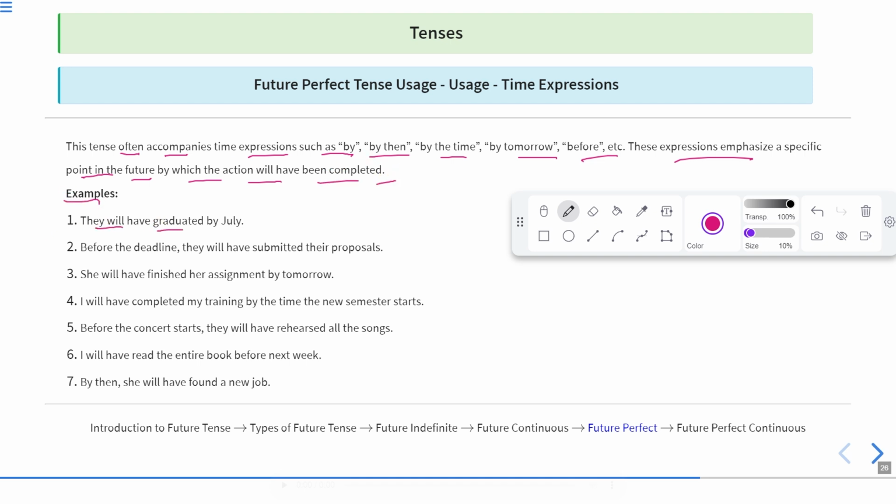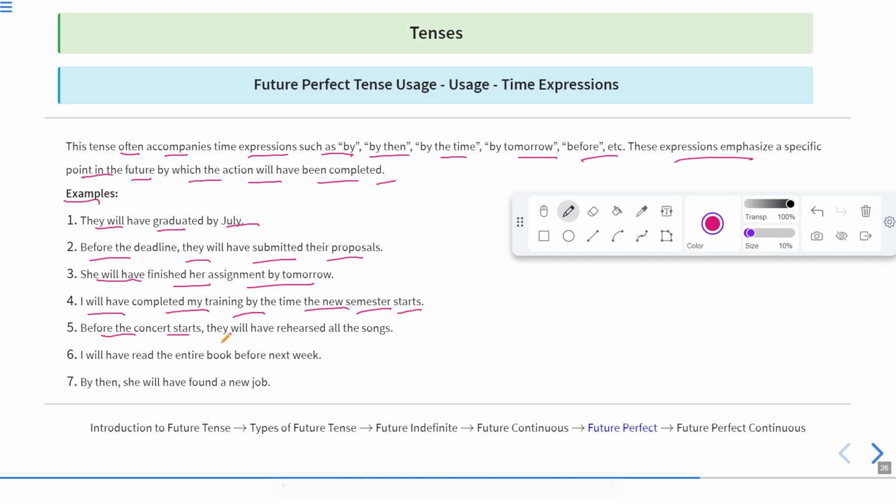Examples: they will have graduated by July. Before the deadline, they will have submitted their proposals. She will have finished her assignment by tomorrow. I will have completed my training by the time the new semester begins.